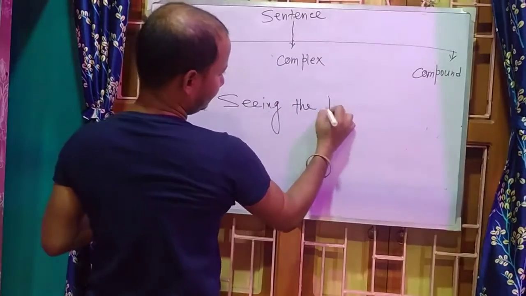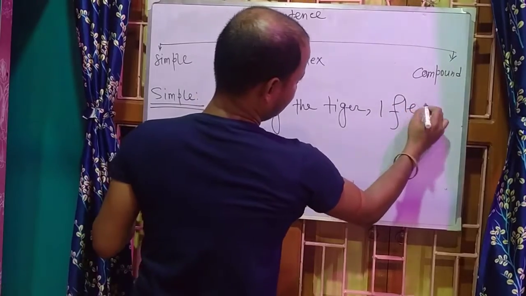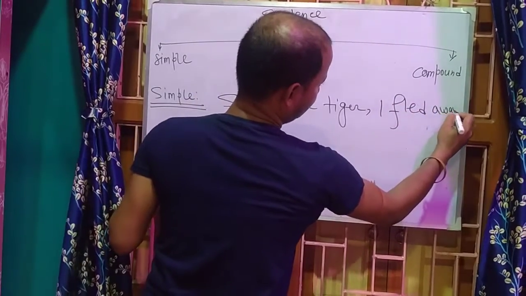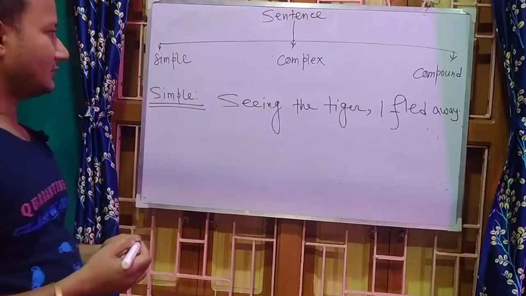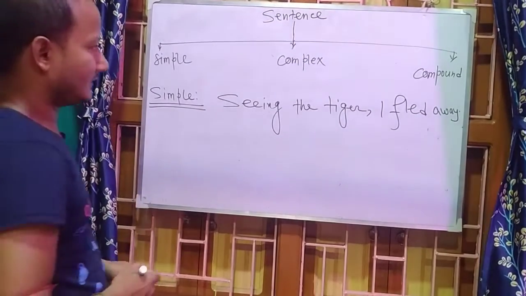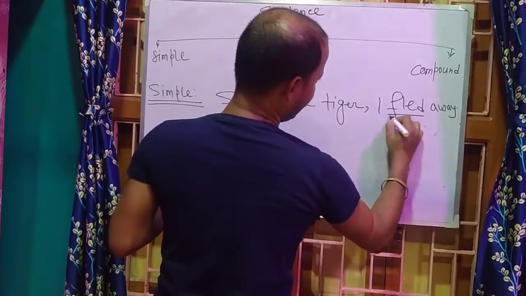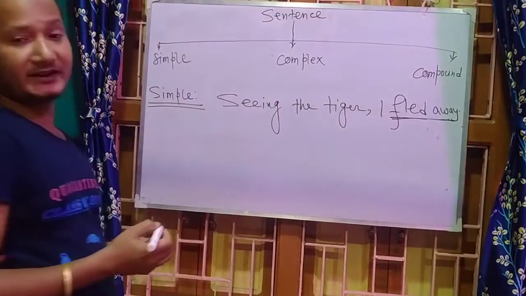Seeing the tiger, I fled away. Look at the sentence: I fled away. Here, fled away is the finite verb.